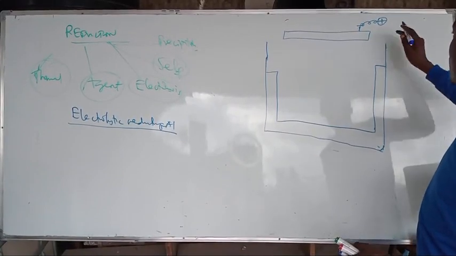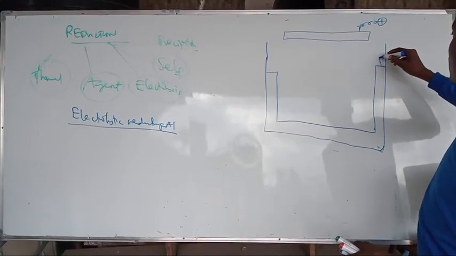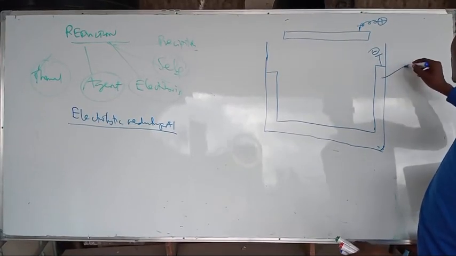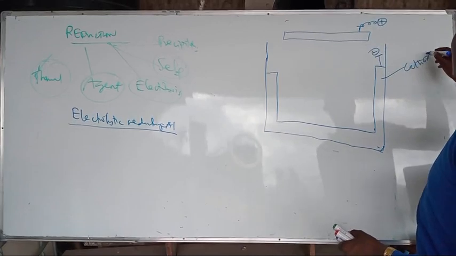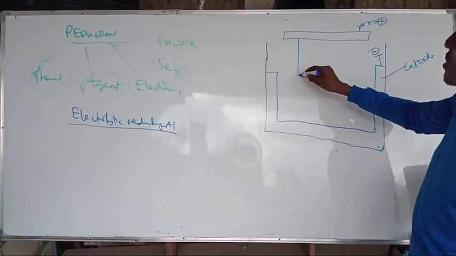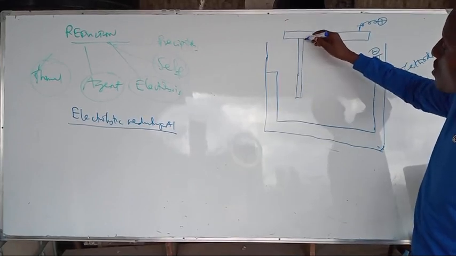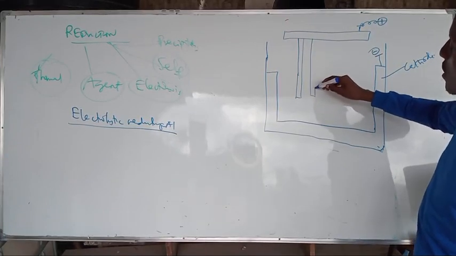So this is... so what happens? These are electrons, carbons.